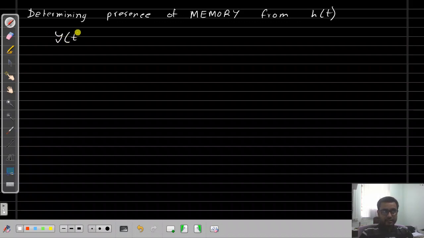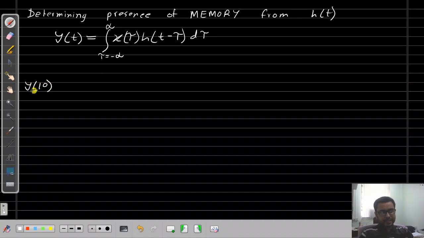We will write y of t as the integral of x of tau h of t minus tau d tau from minus infinity to infinity, and then note that to calculate the output at any particular time like y of 10, you can do this integration of x of tau h of 10 minus tau d tau from tau equal to minus infinity to plus infinity.